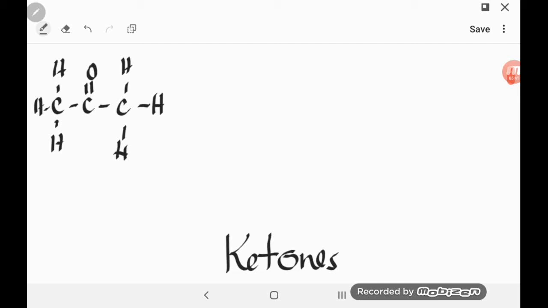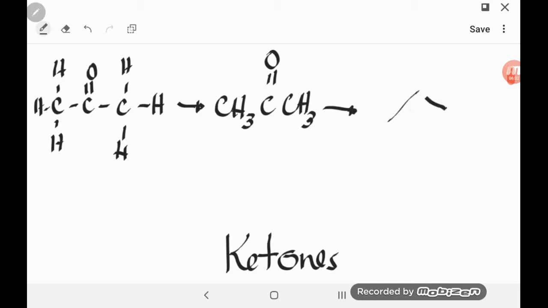Here is the Lewis structure of a ketone. The next one is the condensed structure of a ketone. And the last one is the line structure for a ketone. This ketone is known as propanone.